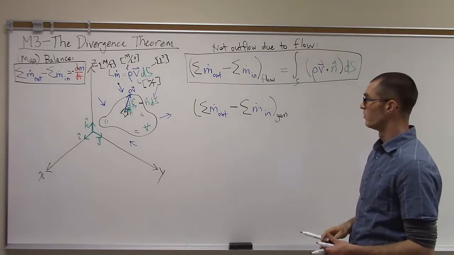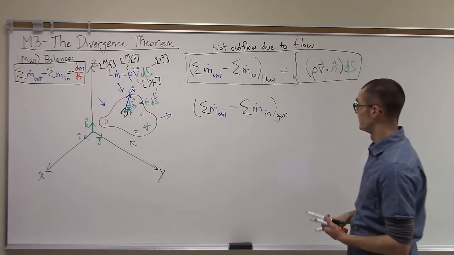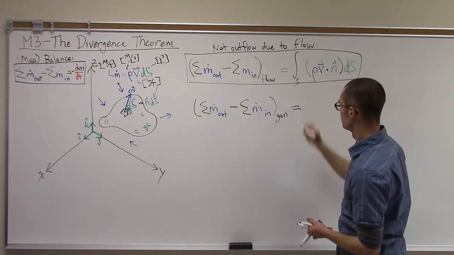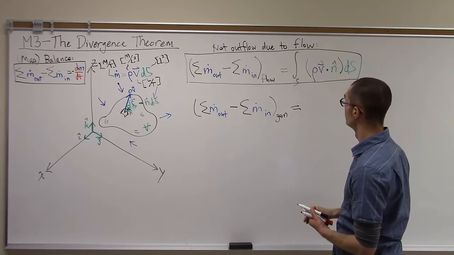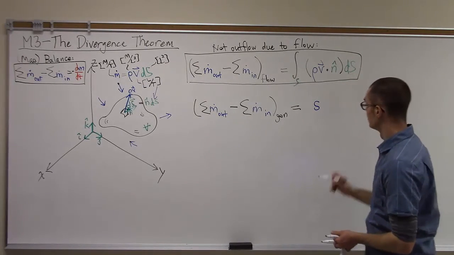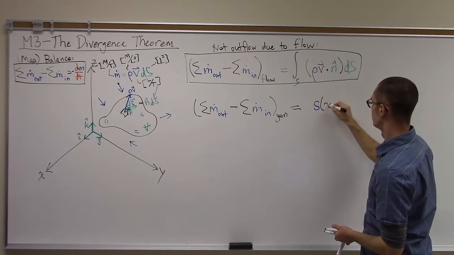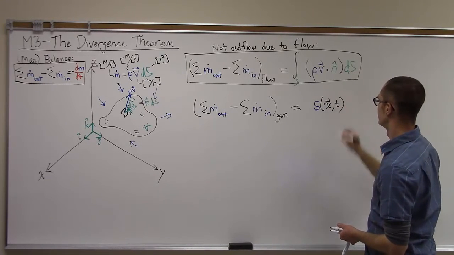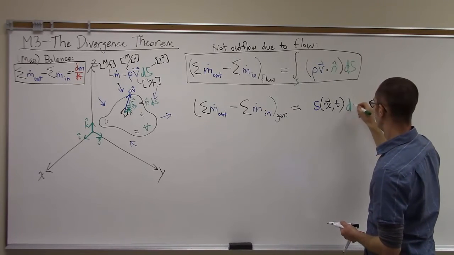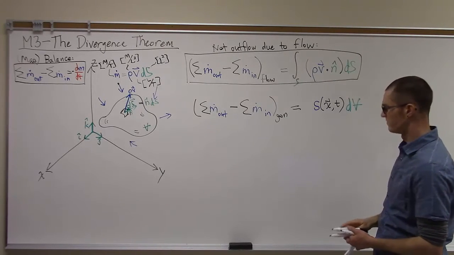So one way of writing that is by writing the source or sink per unit volume. So I could have an S, which is a function of position and time in general. So this is per unit volume, and then I'll multiply it by a small piece of the volume.